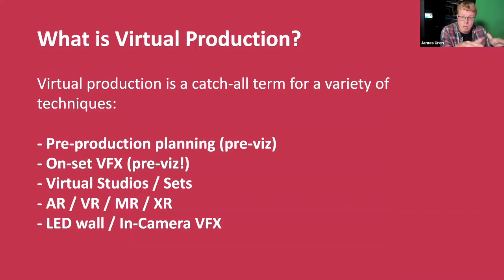In the pre-production phase, you can put on a VR headset and move around your scene and drop camera positions and stuff. But where VP Pro comes in is in terms of integrating live action with that. And Mike already talked about some of those things on that slide there.